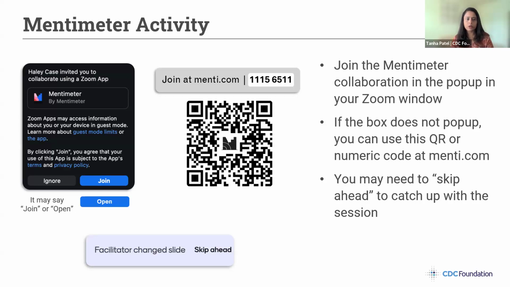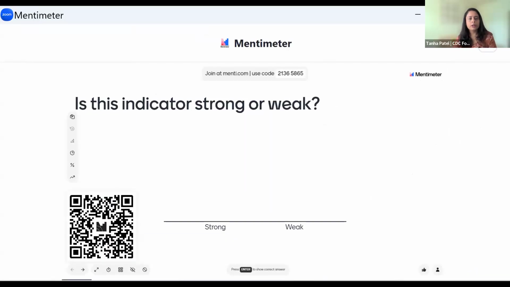Haley is going to launch Mentimeter for us. You should see a pop-up on the top right corner of your Zoom screen that will ask you to allow the use of the Mentimeter app. This will look like the black box shown on the screen. Click on join or open and you should see a new Mentimeter window with questions and answer options pop up.